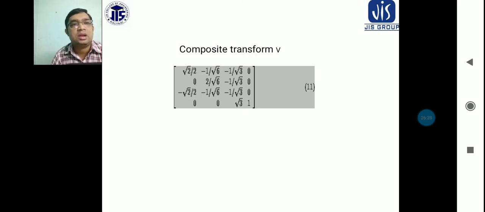The third column is minus 1 by root 3, minus 1 by root 3, minus 1 by root 3, and the fourth is root 3. The fourth column 0 0 0 1 is considered according to this type of matrix, which is the composite transform, and the vertex is here.